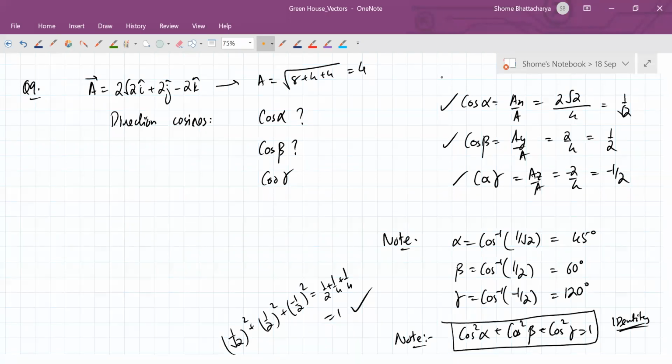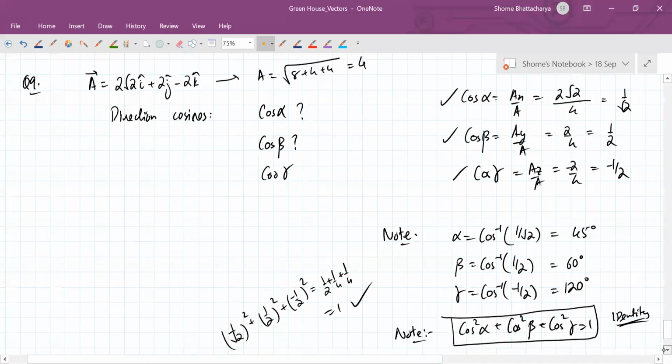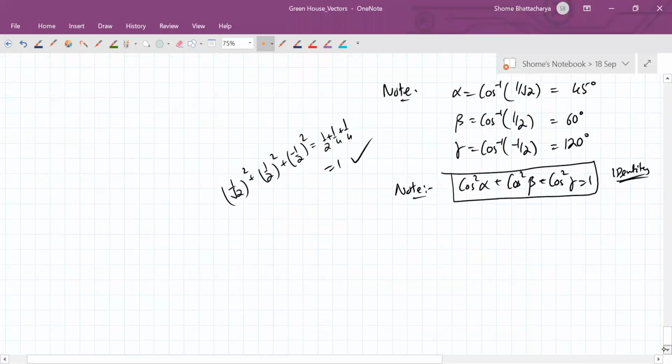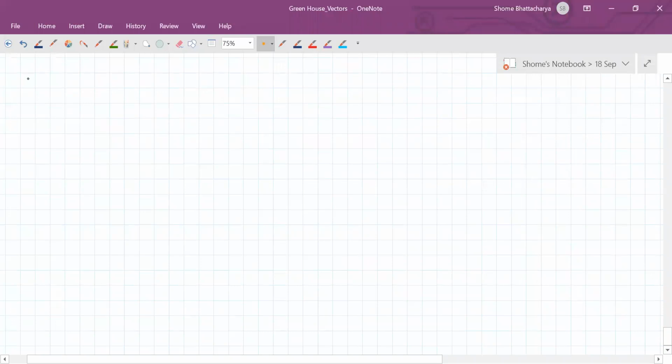We'll come to coplanar vectors also. Let's first complete all these doubts. Okay. Then what is remaining? Question 11.